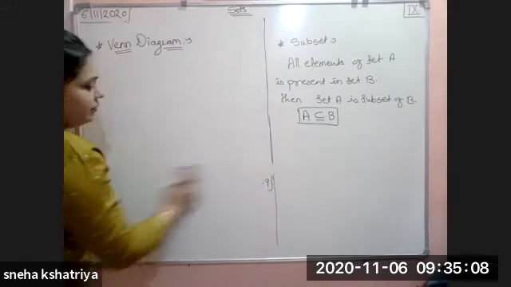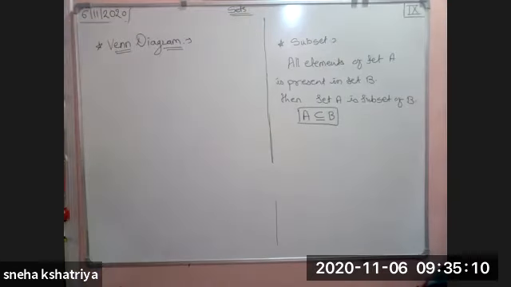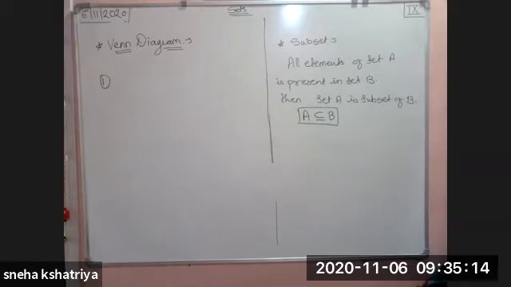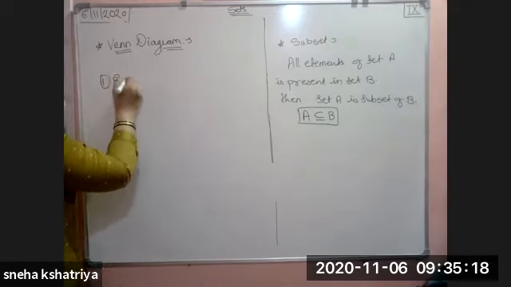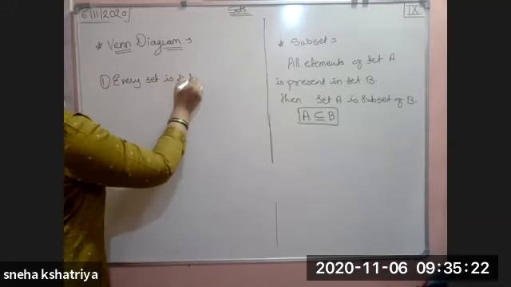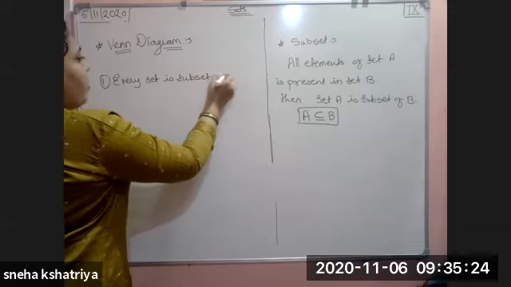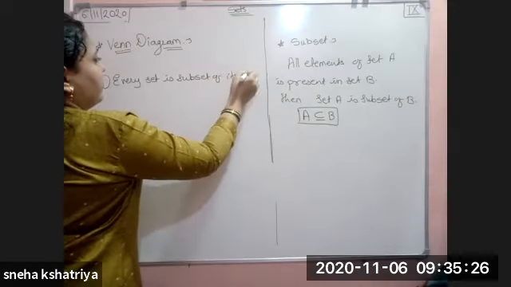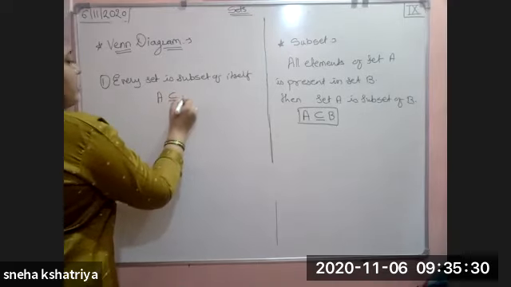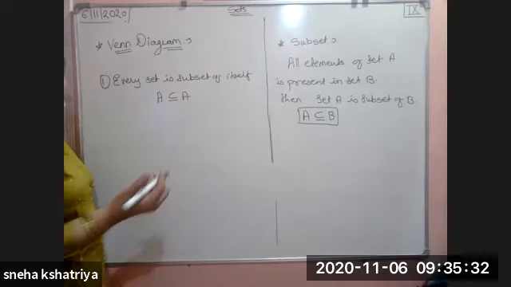Before that, we have to remember a few things. First one is every set is a subset of itself. A is a subset of A. Simple.